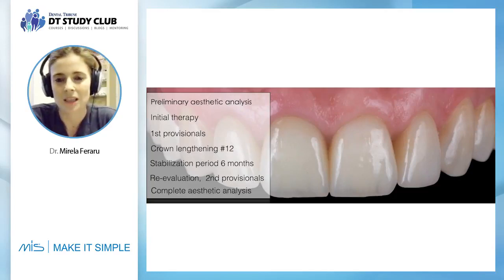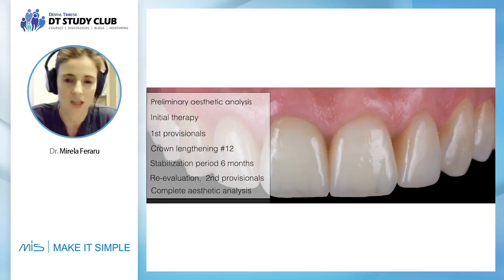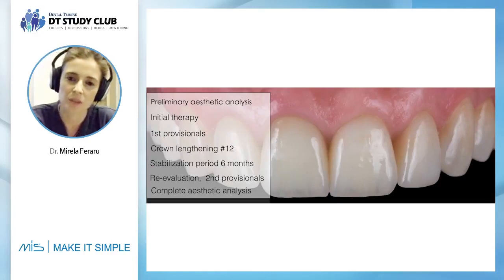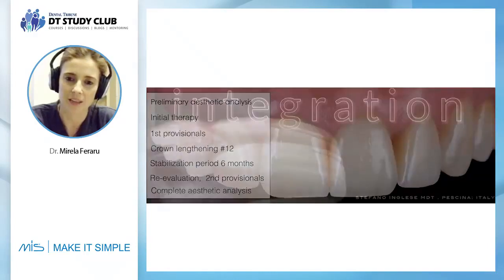So as we can see, it is a treatment that will take not weeks, it's a matter of months, because for soft tissue maturation, we definitely need to wait. Then we perform a reevaluation. A second set of provisionals will be inserted in this case in order to finalize all the aspects regarding the final aesthetics for the patient, and then we will continue with the final restoration.